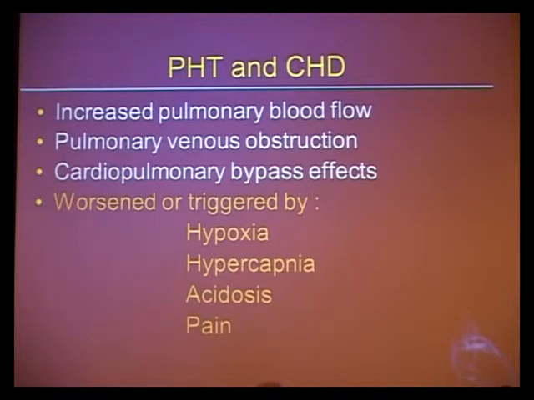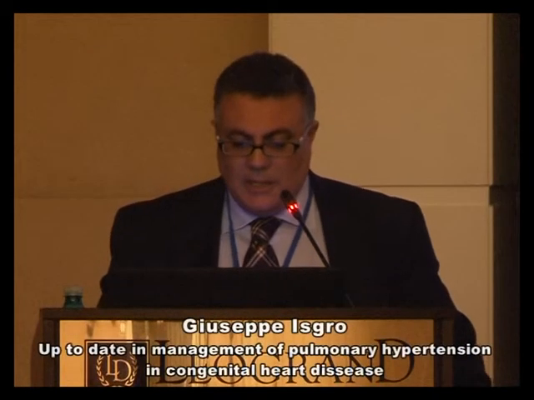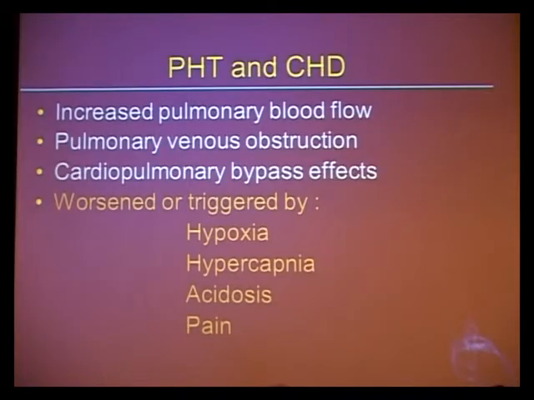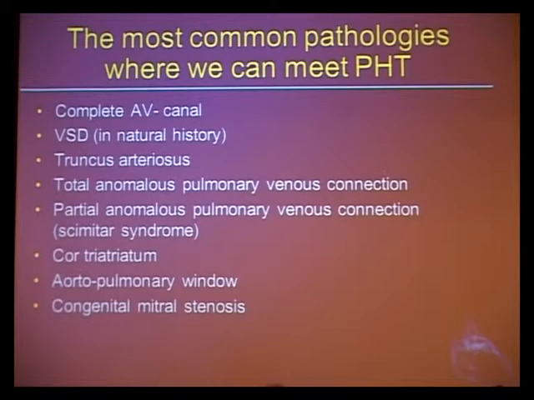Other things to understand is the effects of cardiopulmonary bypass. All these are worsened or triggered by some conditions such as hypoxia, that is normal in univentricular heart, hypercapnia, acidosis and pain, and so on. Well, talking about the pathophysiological condition, we know that many pathologies suffer from pulmonary hypertension during life and after surgery.